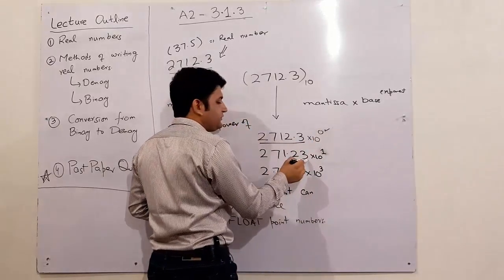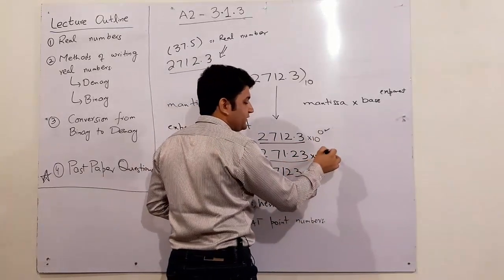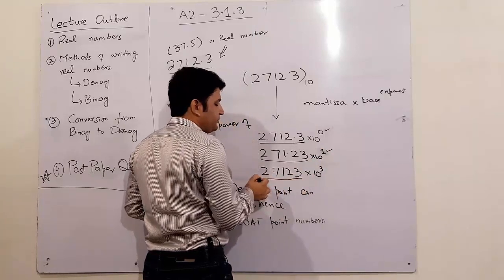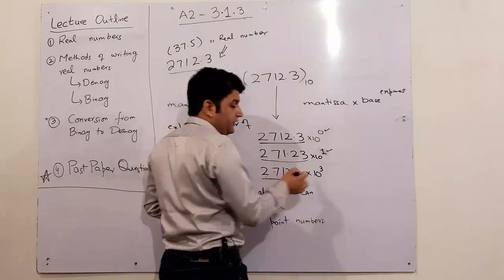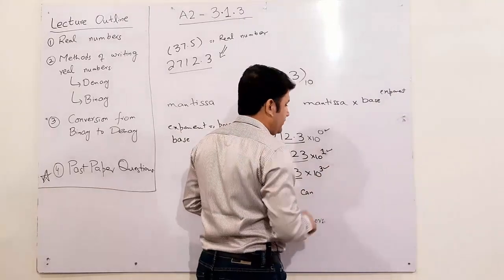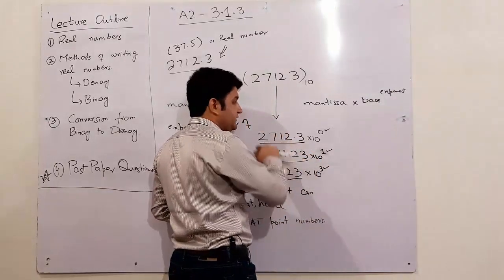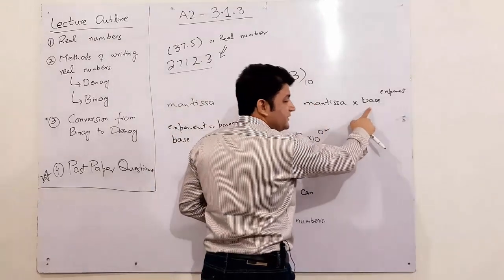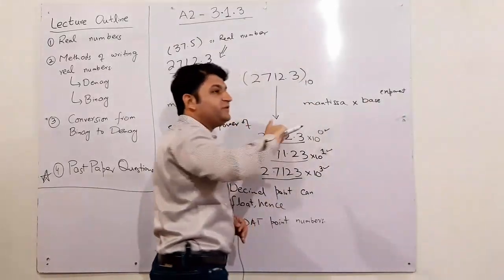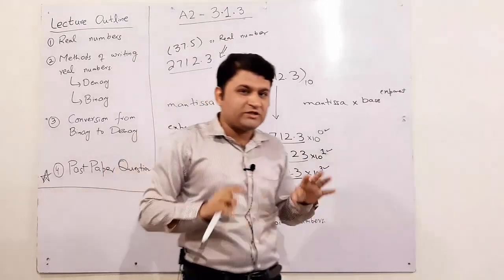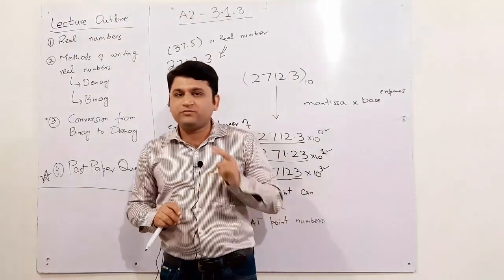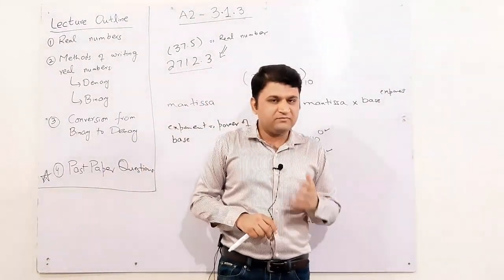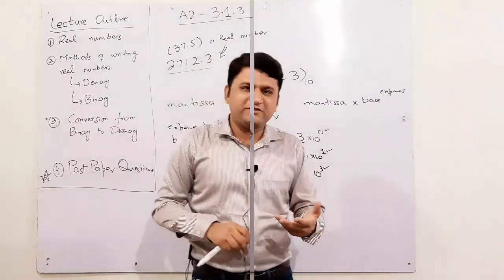In this example, this is the Mantissa and this is the exponent. In this example, similarly, this is the Mantissa part, whereas this is the exponent part. And for this example, since this number belongs to the Denary number system, the base is 10. Whereas when we write such numbers in binary using Mantissa and exponent notation, the base will become 2, for obvious reasons, because in binary we have zeros and ones.